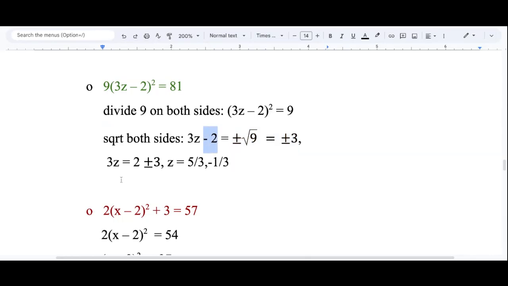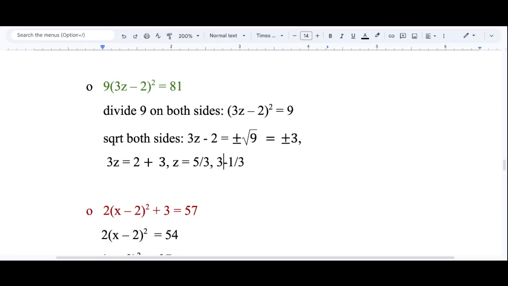So then we move this negative 2 to the right-hand side. So 3z equals 2 plus minus 3. Then we divide by 3 on both sides. Maybe I should write it in two cases. 3z equals 2 plus 3, then we solve, we get this, right?